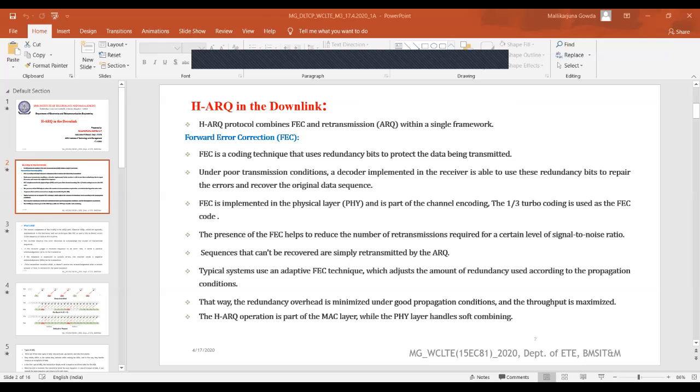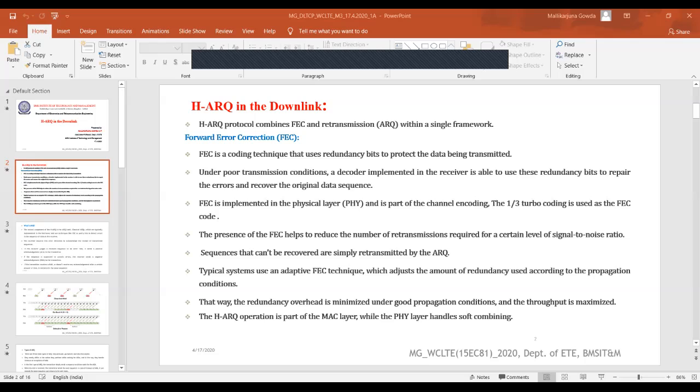The hybrid ARQ operation will be a part of the MAC layer. So this is about FEC. As I said, hybrid ARQ is a combination of FEC and the retransmission technique, that is ARQ. The purpose of FEC is as a channel coding technique. It uses redundancy bits to protect the data being transmitted over the channels.